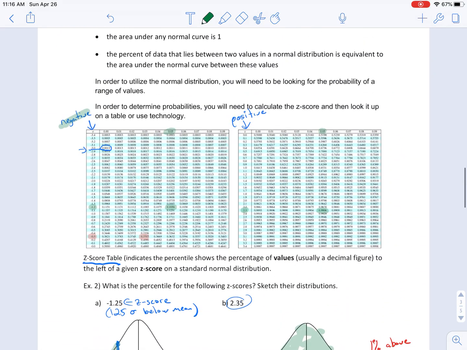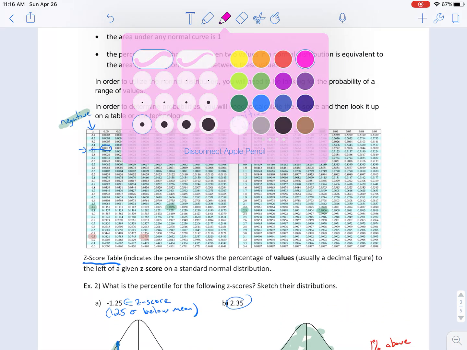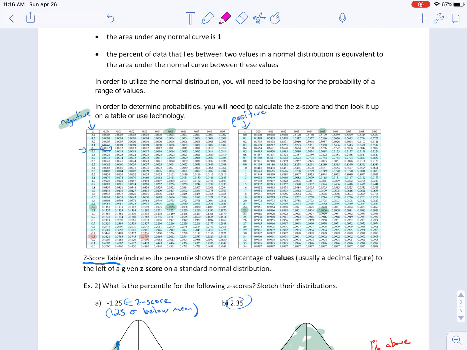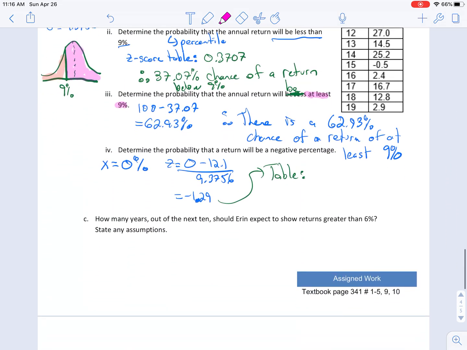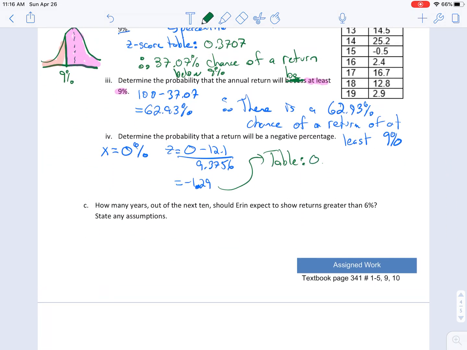So if I look at my table, I'm going to just write table. If I go back up, I'm kind of ruining my table, that's okay. Minus 1.29. So that's here, which I believe is 0.0985.